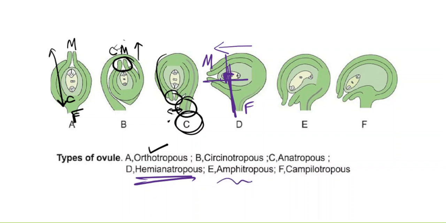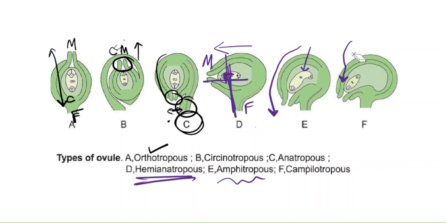Then you have amphitropous, which is a curved structure; even the embryo sac is curved. In campylotropous, you can again see a curvedness. So these are the types of ovule.